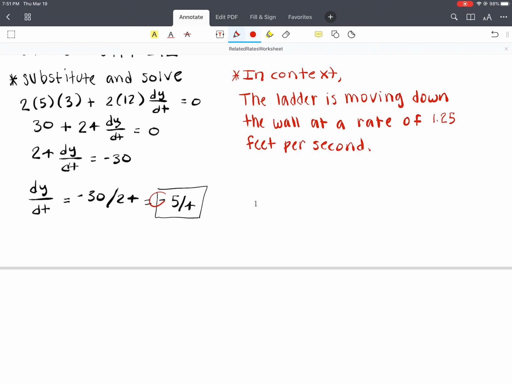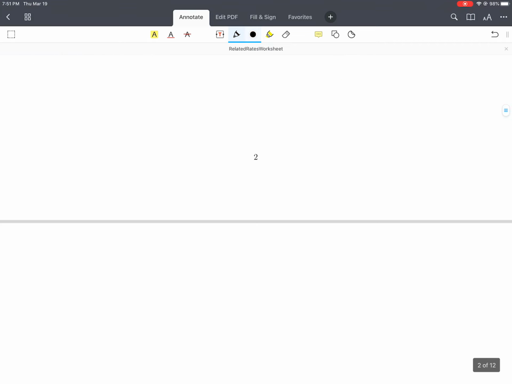When we got our answer it was negative. That is what tells us that the ladder is moving down the wall, not up the wall. And negative 5/4, 5/4 is 1.25. And we knew our units were feet per second. So that was our first example.